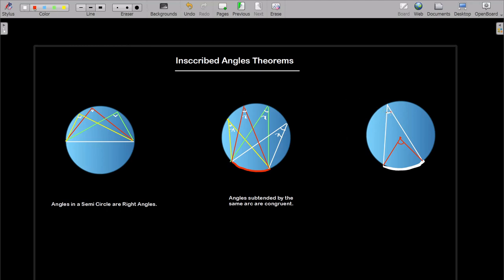Okay, so if the white angle is x, and the red angle is y, then we will say that y will be twice x. So if x is 30 degrees, then y will be 60 degrees. Okay?